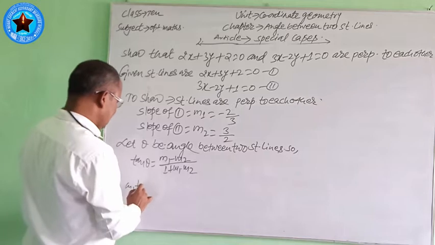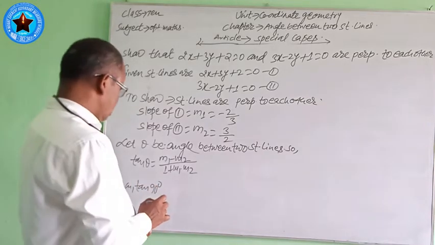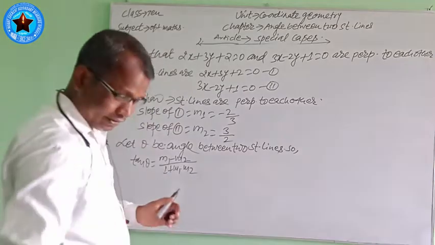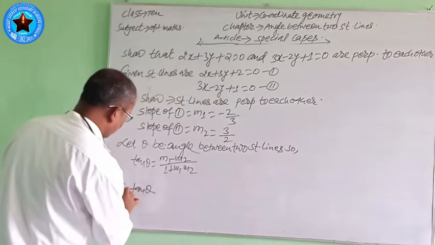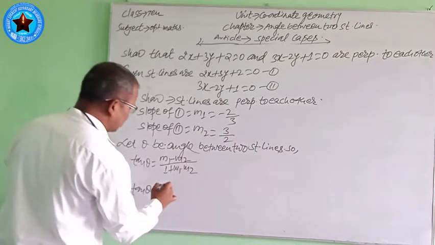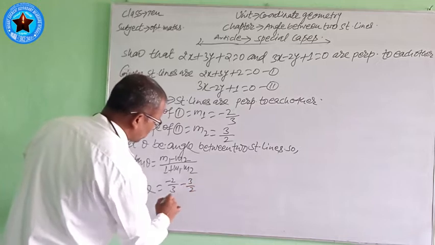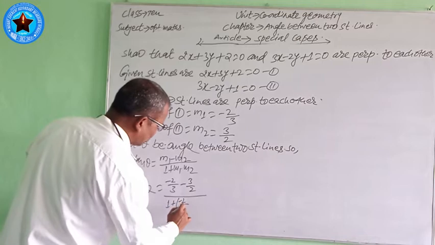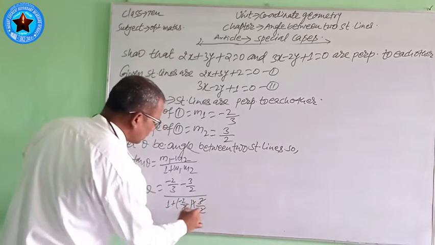Sorry, I was wrong to bring in tan 90 degree here; we are finding the angle. Yes, tan theta equals m1, that is minus 2 by 3, minus 3 by 2, by 1 plus minus 2 by 3 into 3 by 2.